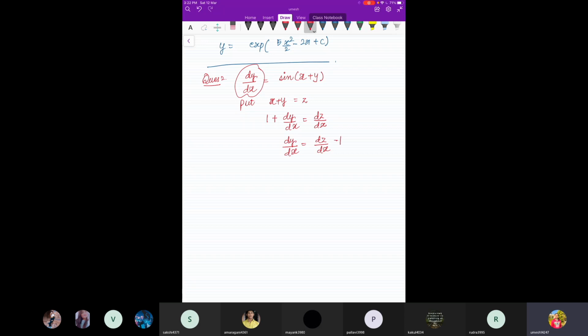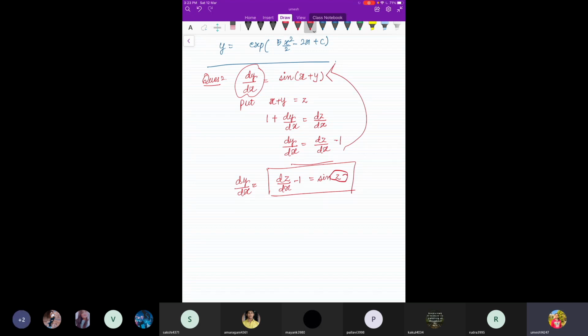Now we need to do nothing; we will put this value in the equation: dy by dx, that is dz by dx minus 1, is equal to sine of z. We have to solve this one. We have only one variable, that is z, and it would be super simple.